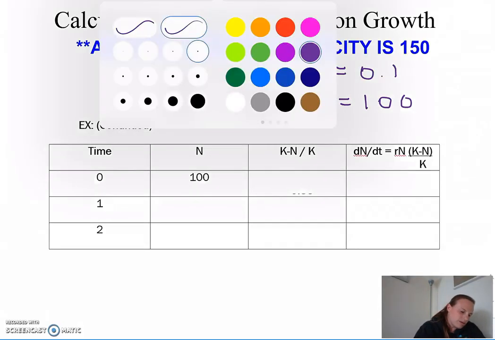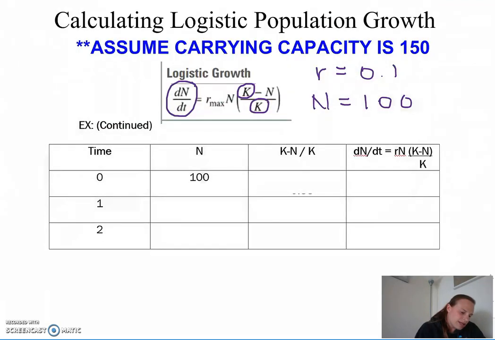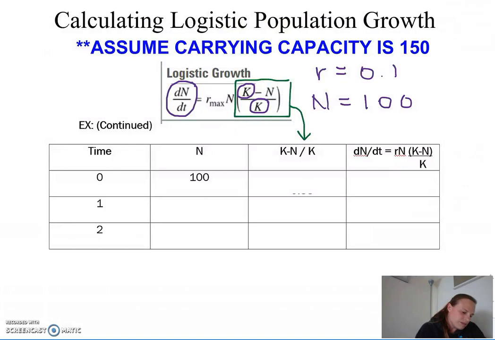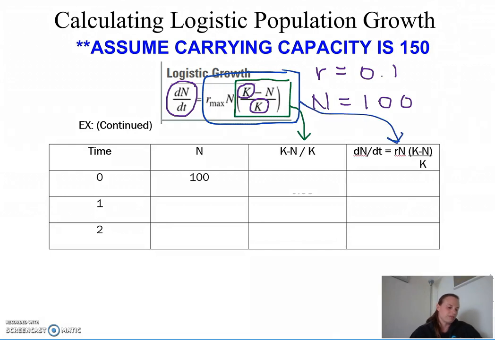And what I did was I just separated this part of the equation into two pieces. So this is my first piece, my first calculation, and then this is going to be my second calculation, where now I add or multiply or divide, whatever the case may be, all of my information. So the first step is to incorporate the carrying capacity.